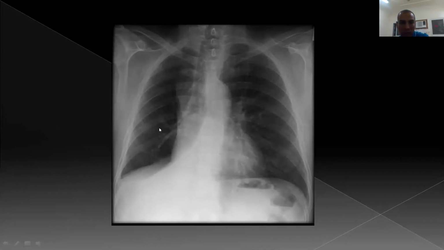I need you to concentrate also on the hilum. This is a normal hilum, while this one is the right hilum. It doesn't look normal because this hilum is displaced inferiorly, and we don't have a clear bifurcation. This is one of the most important signs for any collapse.